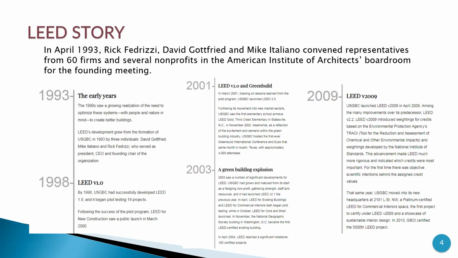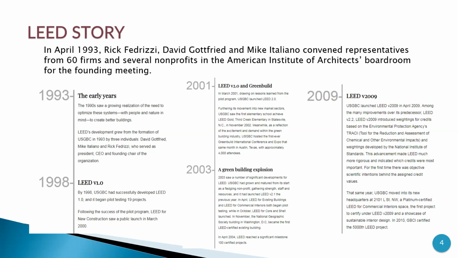If you look at the LEED story, how did it start? In 1993, it was started by 3 architects, Rick Federici, David Gottfried, and Mike Italino. You have heard of the American Institute of Architects? There is an association in the US.